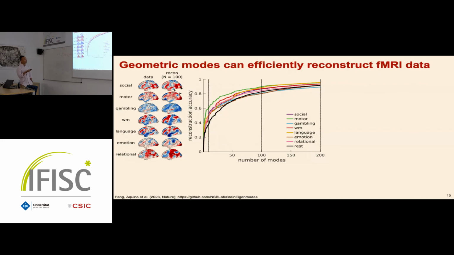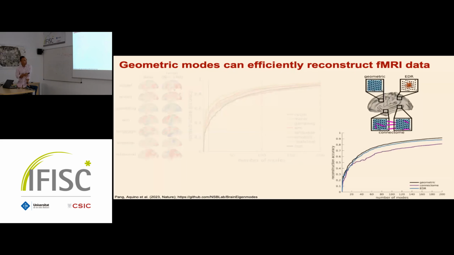But when we did this, we were also thinking a lot about white matter connectivity, right? We can also construct basis sets from white matter connectivity. And that's exactly what we did. So we created multiple types of connectivity, say an artificial synthetic exponential distance rule connectivity.